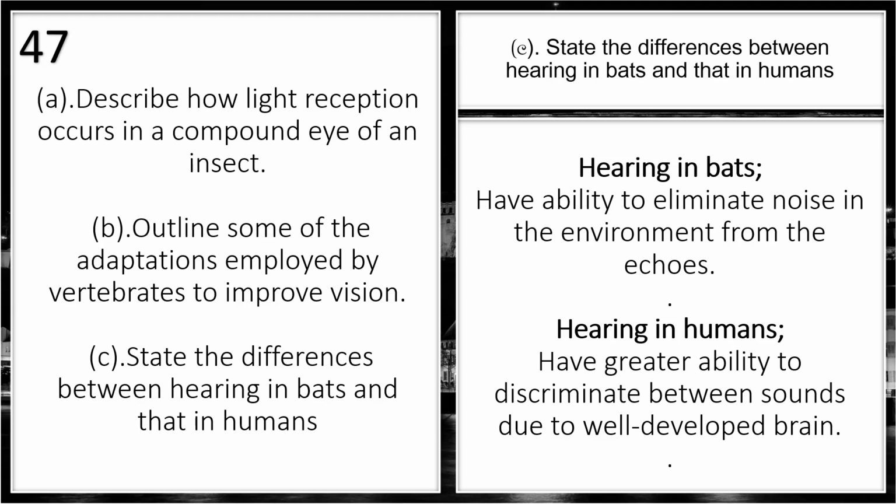In birds, they have the ability to eliminate noise in the environment from the echoes. Humans have greater ability to discriminate between sounds due to a well-developed brain.